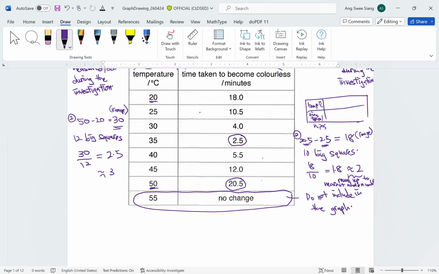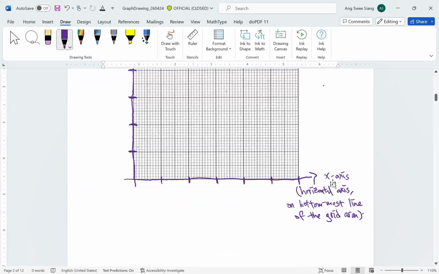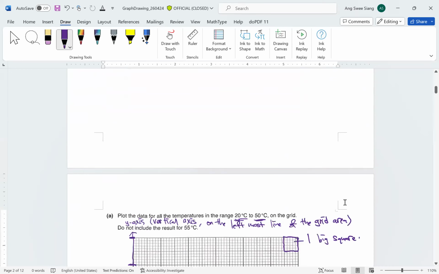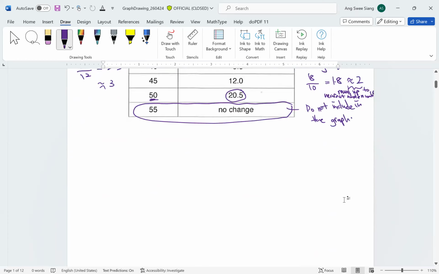Later we will look at the grid again. So for my x-axis, each interval can be 2.5 or 3.